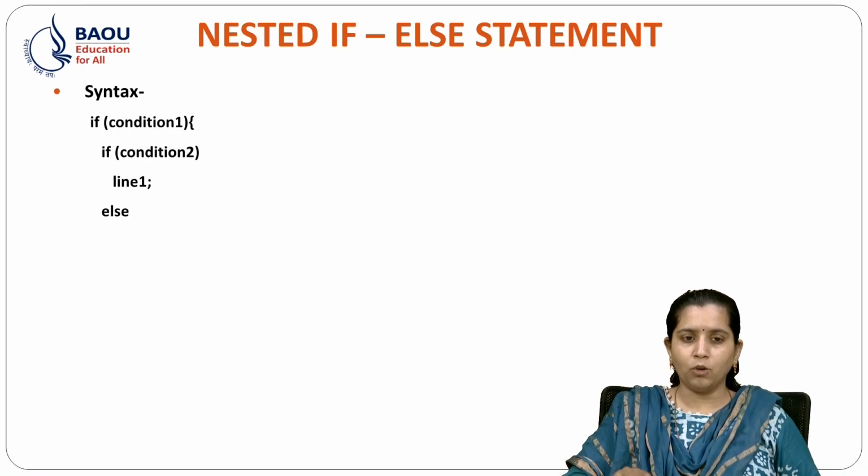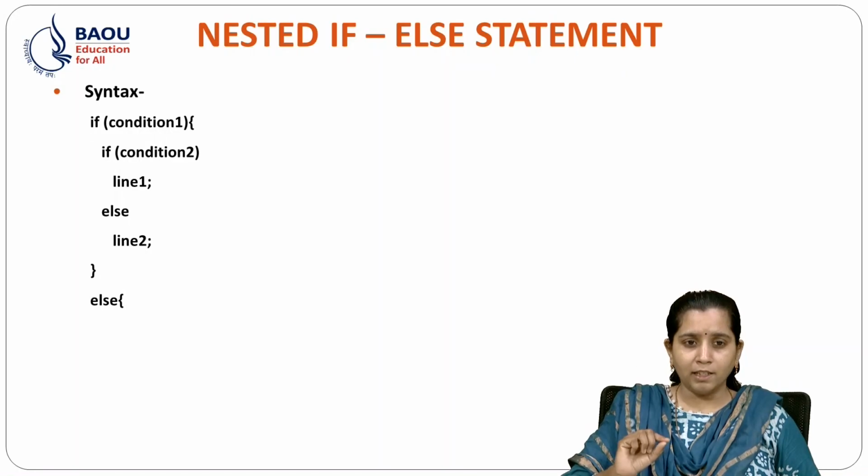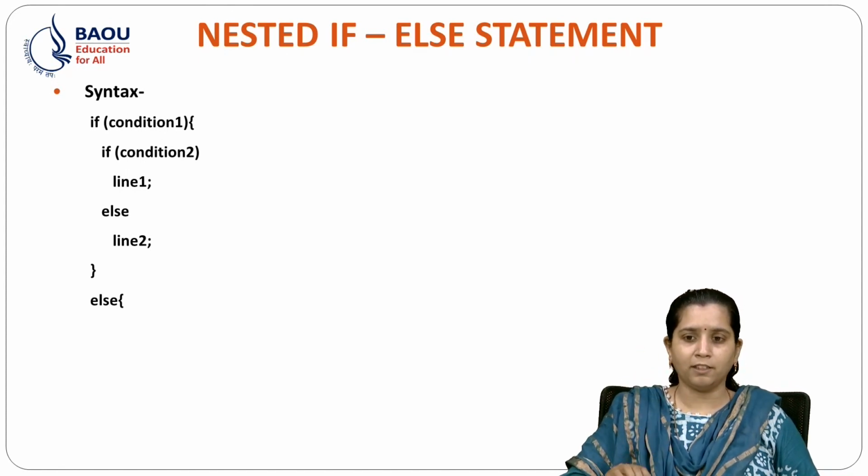Otherwise, it will go to the else block and that else will be executed. After that, again else will come. This else is of the first if condition, so if that first condition is false, then this else will be executed.